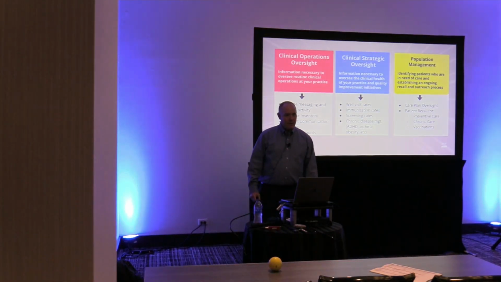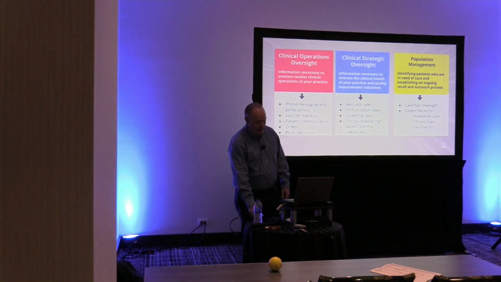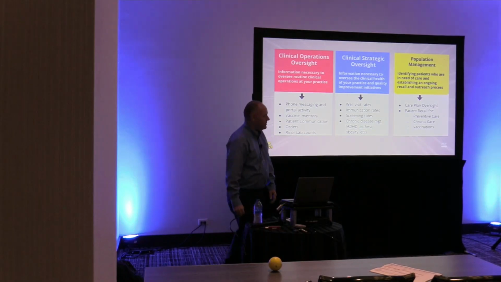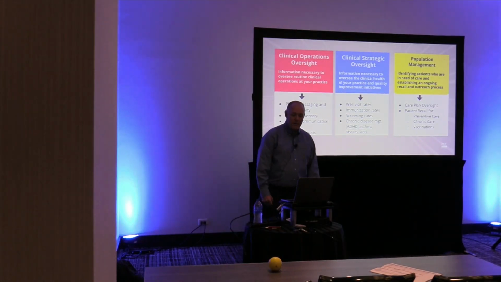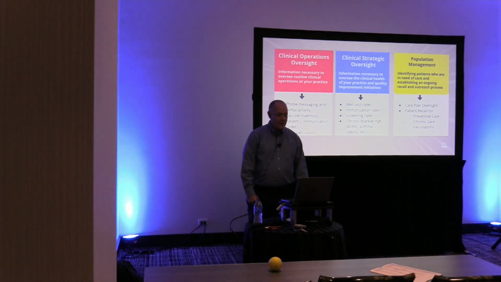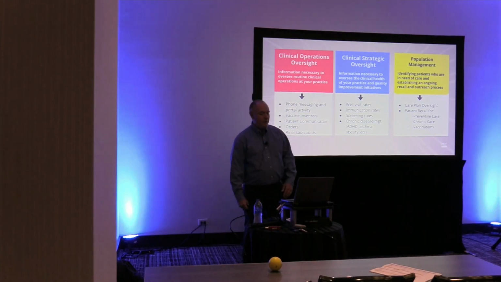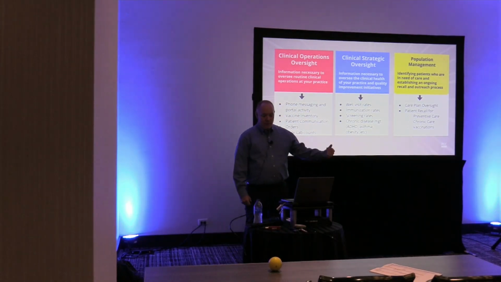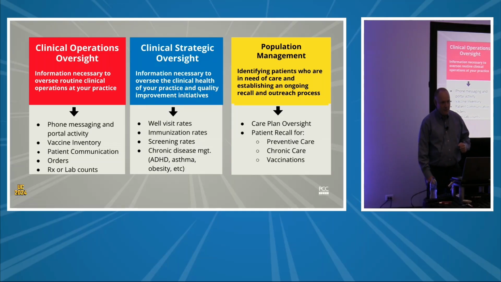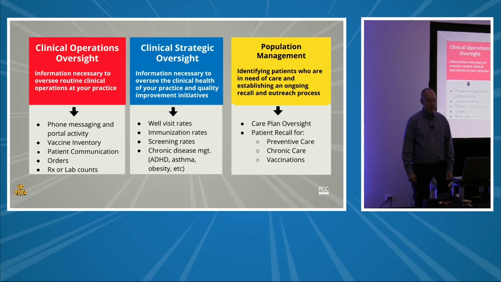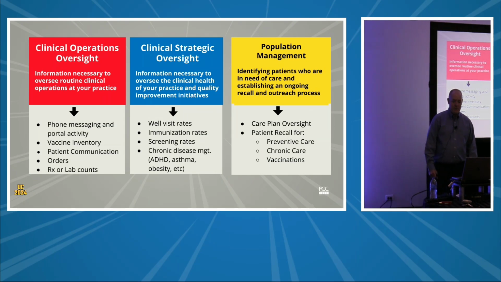Here's just a summary of all the different types of reports we're really going to get into in this session. We're going to start with some operational reports, some clinical operations oversight, and we'll talk about some phone messaging and portal activity reporting and vaccine inventory management, patient communication reporting, how to generate reports on orders that you're generating, and prescription and some lab reports as well.